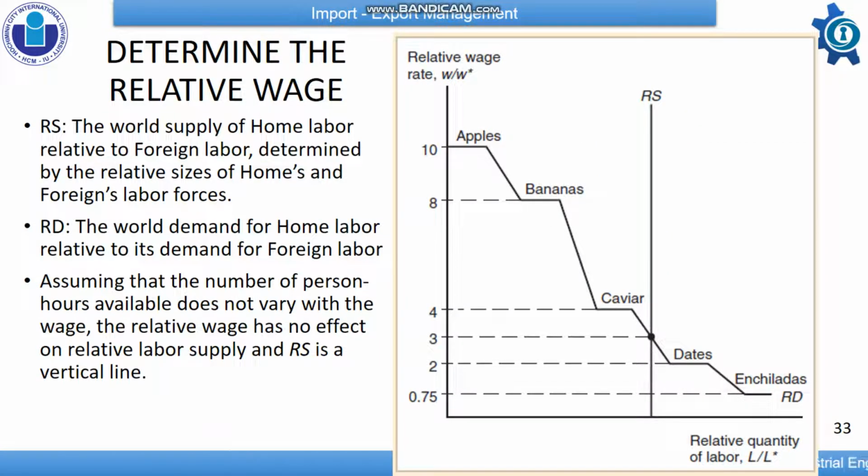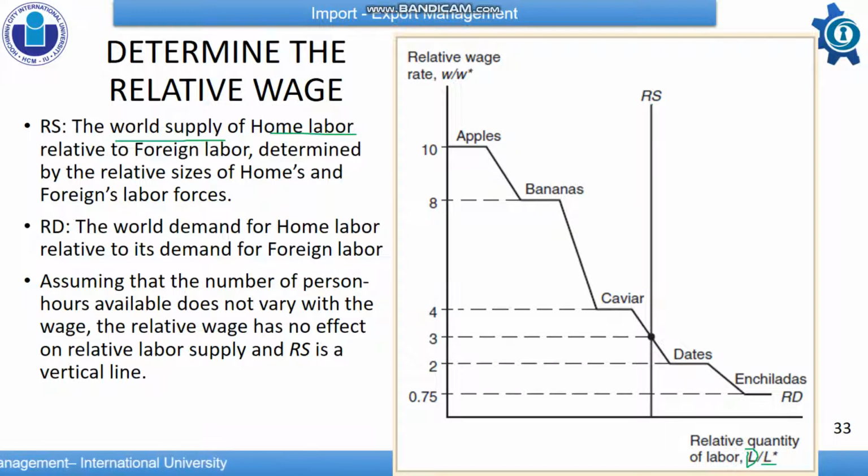We can illustrate the determination of relative wage in this figure. As we can see, RS is the relative supply of home labor to the foreign labor. We can determine this by the relative size of home and foreign labor force, that is L divided by L star.